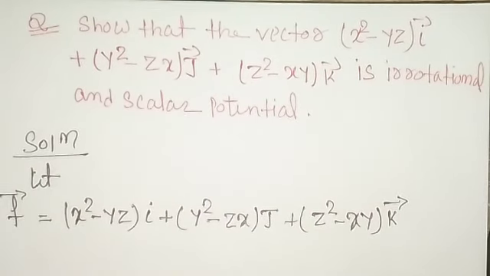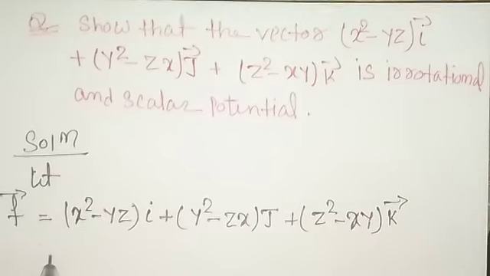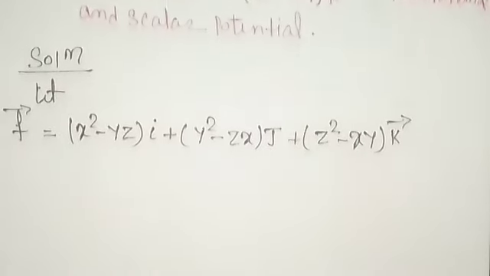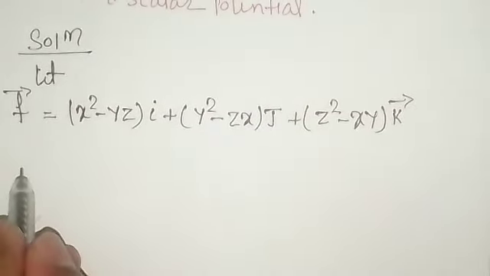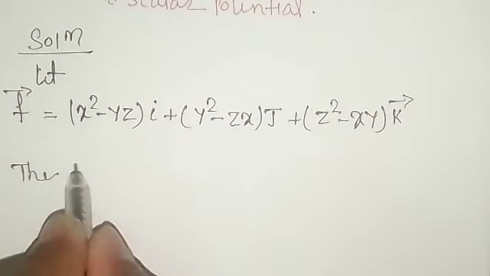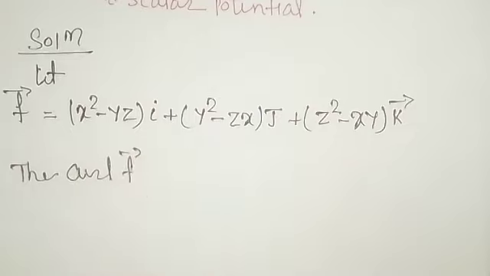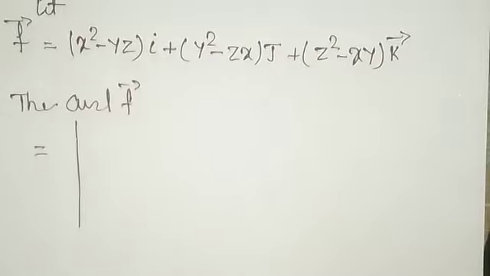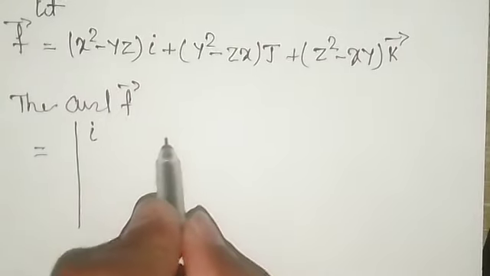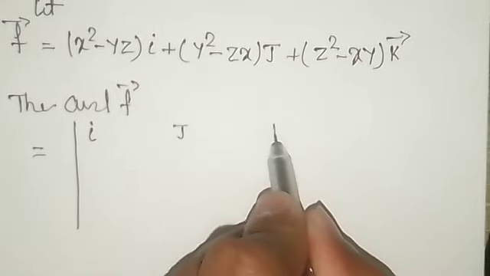Then first of all, we will find the curl. Curl F is the determinant of i, j and k.